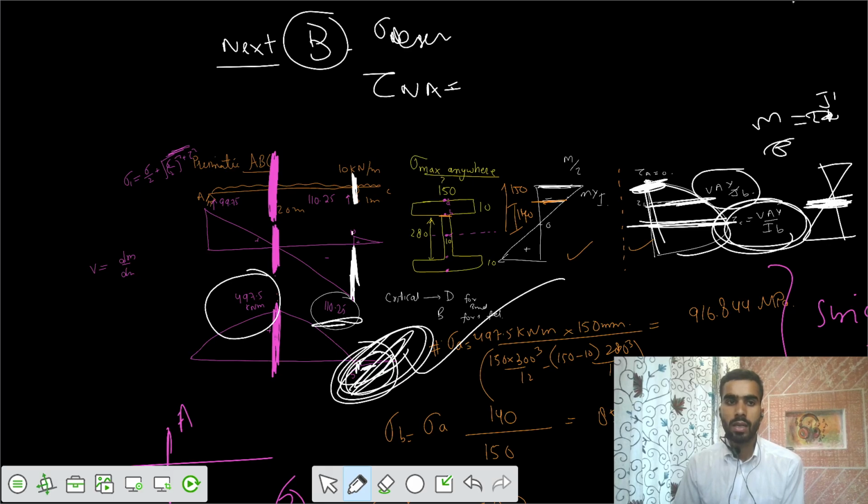If I calculate that, the dimensions of this section are 140, this is your 10, this is your 150, and this is your 10.